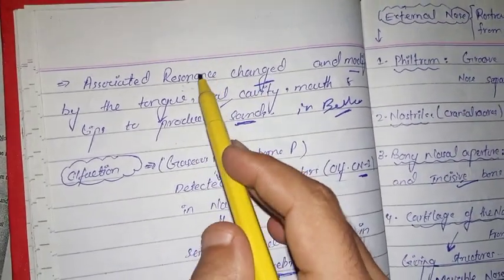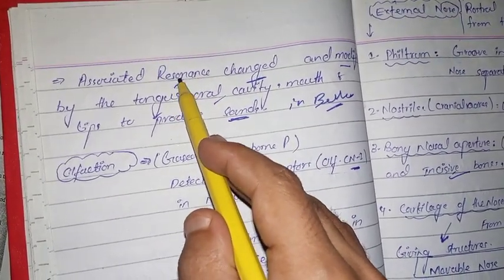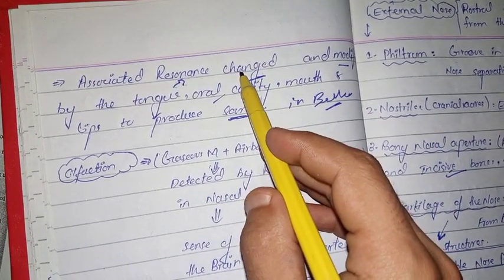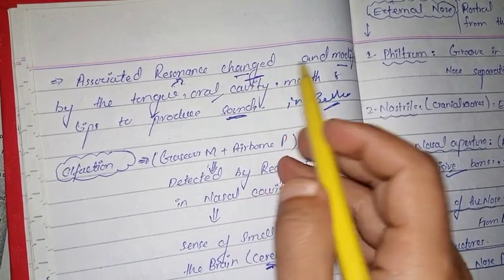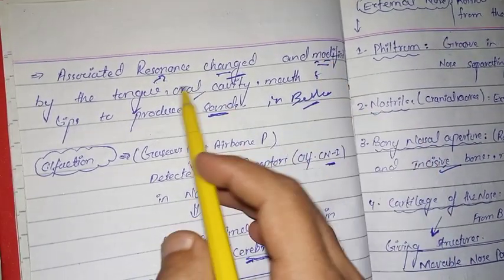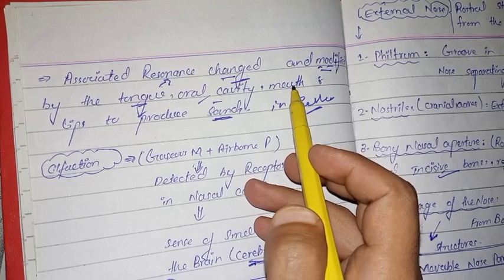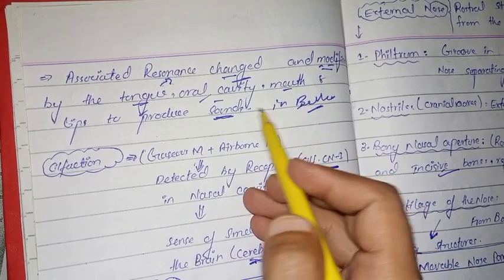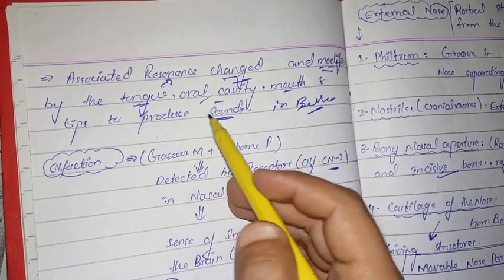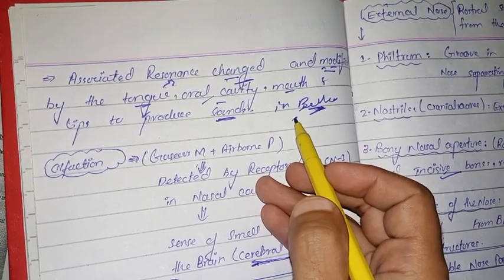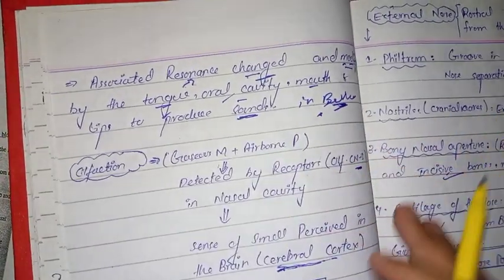These vibrations produce resonance, which is changed and modified by other structures like tongue, oral cavity, mouth. As a result, sound is produced. For example, in bovines, bellowing, in dogs, barking, etc.